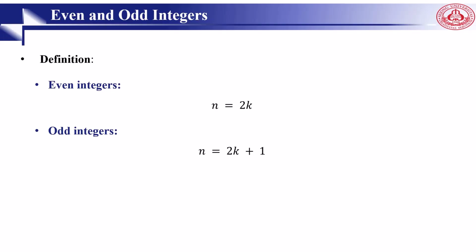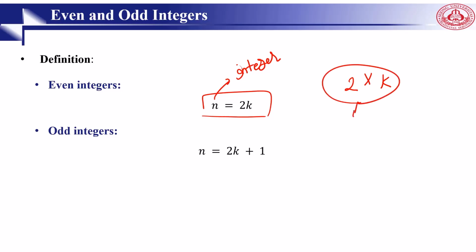Here we can see some basic rules for even and odd integers, right? If n is an even integer, then there exists a k such that n equals 2k. It means 2 multiplied by any integer k is what? Even, right? 2 multiplied by 3 is 6. 2 multiplied by 5 is 10.